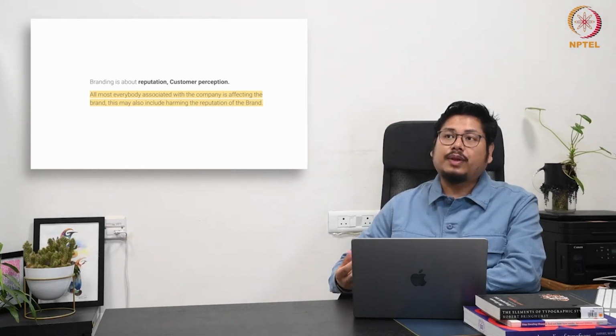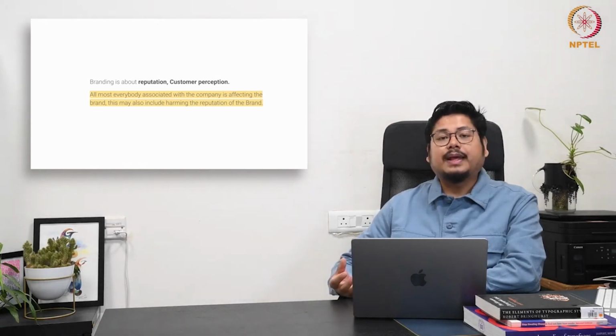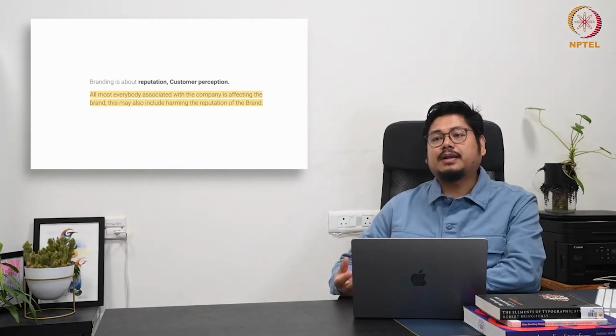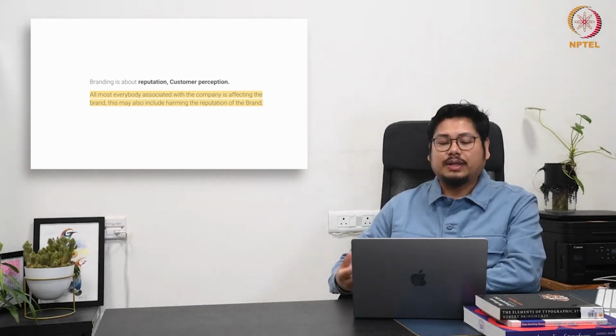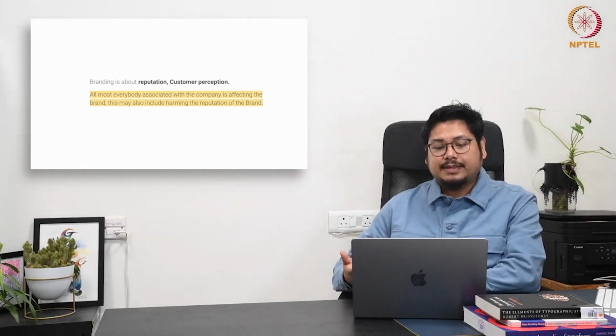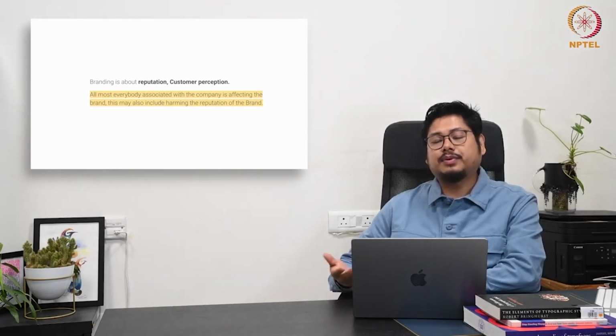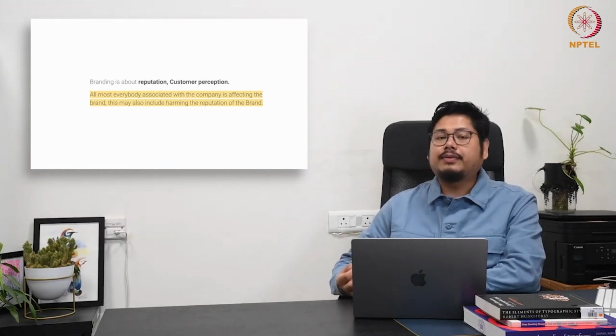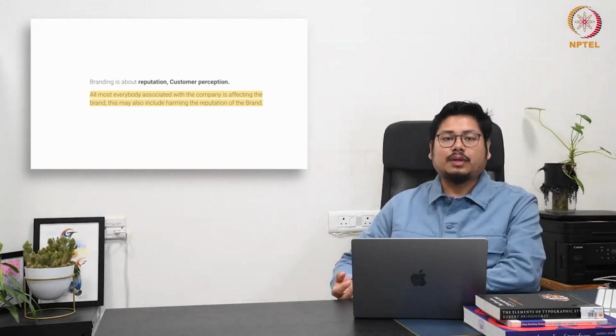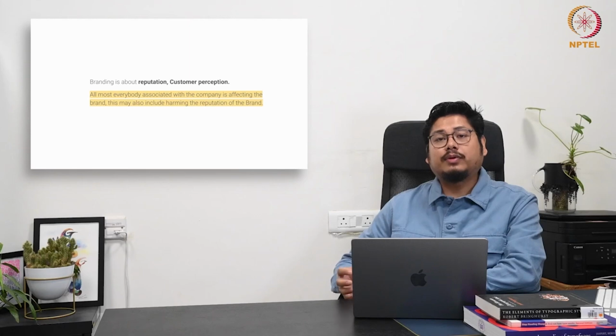So next time we'll say directly the brand's name, and we'll say, okay, in this brand they don't provide a better service for the consumers, and I will refrain from going there. Okay, in that way we'll create such kind of perception. So as I said, this may also include harming the reputation of the brand. So again, the concept of branding is very dynamic in nature. What I mean is that today the perception about the overall experience, say, let us take the same case, right?